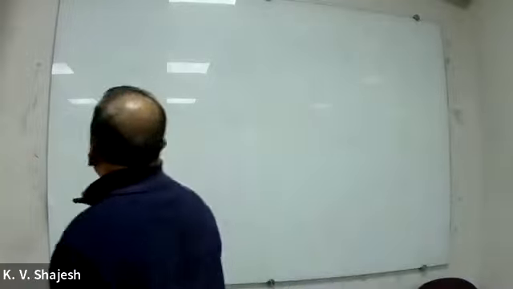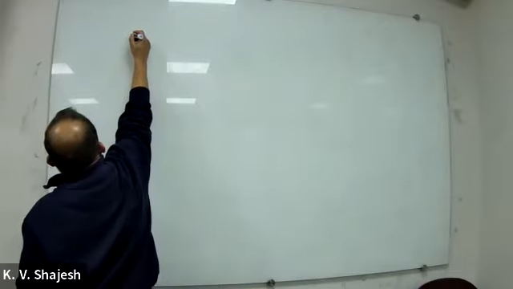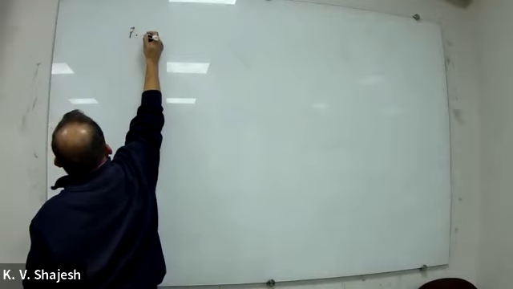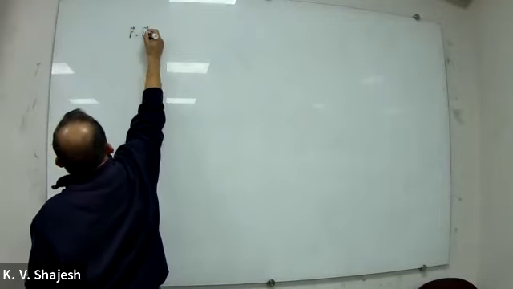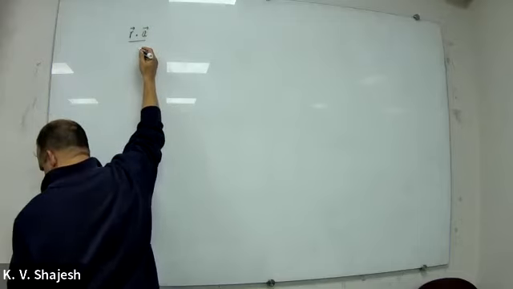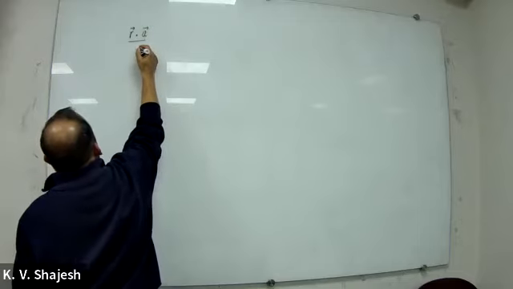So let's say there is a quantity vector R over A divided by A cube.